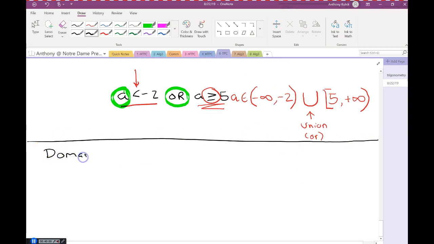So next up, we're going to talk about domains. In general, when we talk about domains, at least for this beginning part, there's really two operations that we have to be careful about.